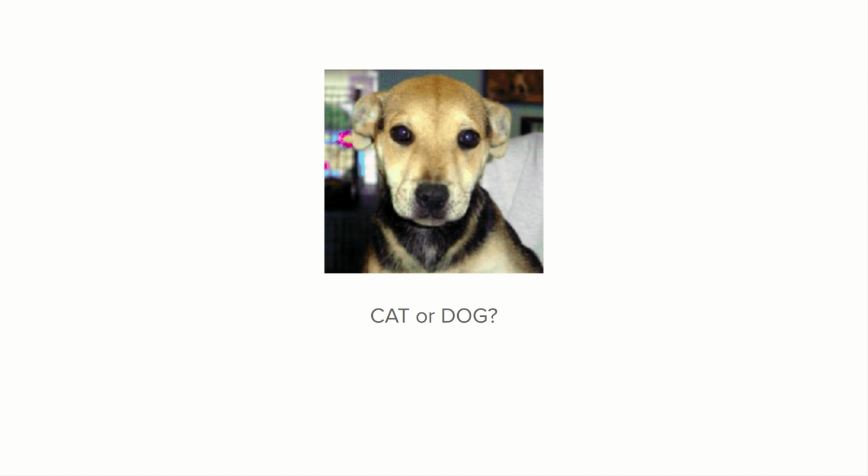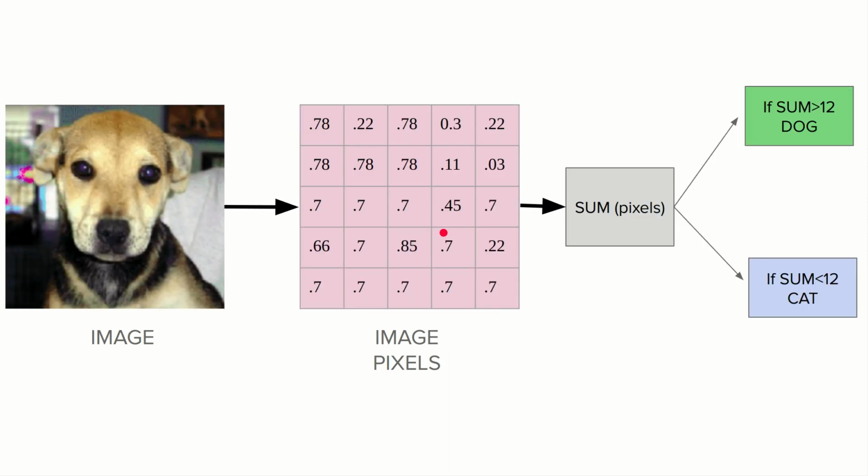To get started, I'll start with this particular image, and we want to develop an algorithm to classify, or predict, whether this image belongs to a cat or a dog. So let's start with a very simple algorithm. We can represent this image as image pixels, where each element of the image pixels represents the intensity of the pixel.